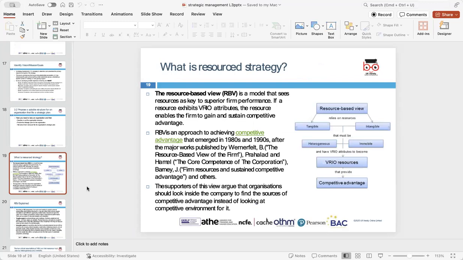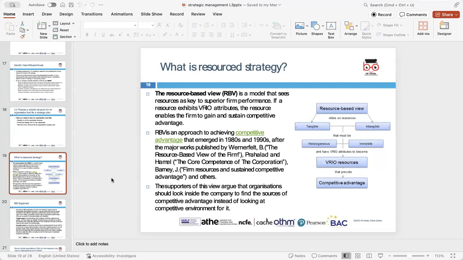What is a resource-based strategy? The resource-based view is a model that focuses on a company's internal resources as the key to achieving and sustaining a competitive advantage.